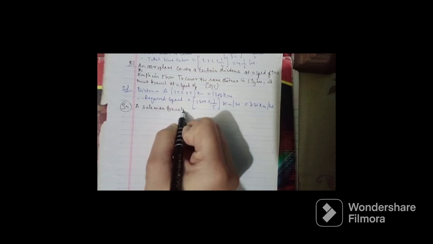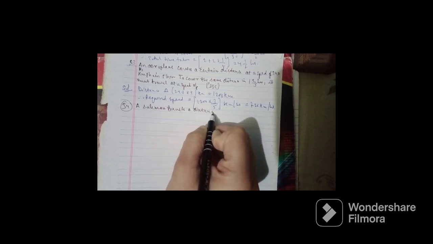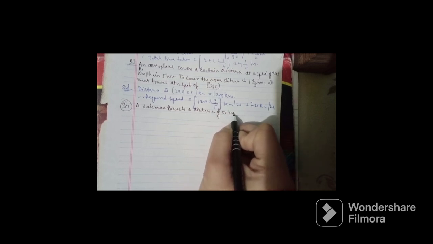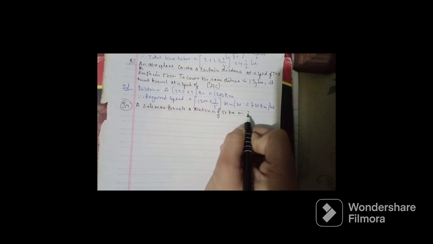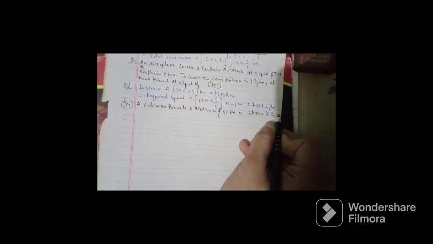A salesman travels a distance of 50 kilometers in 2 hours and 30 minutes.